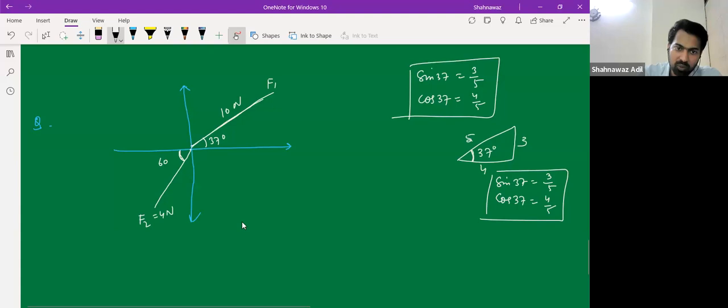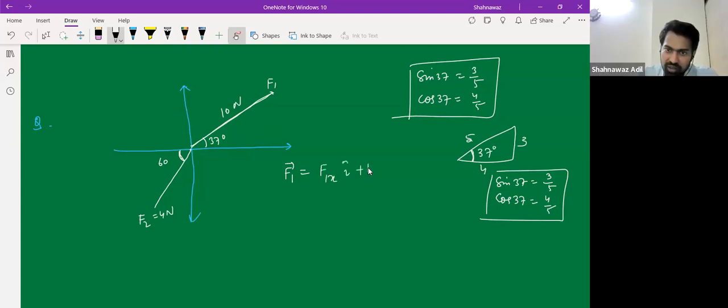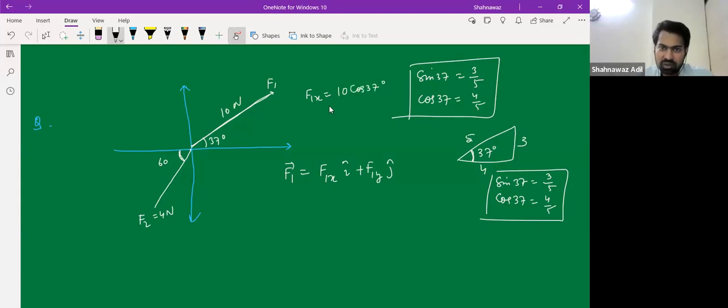This f1, what is f1 vector? This would be f1x i hat and f1y j hat. So what is f1x? That would be 10 Newton into cos 37. So 10 cos 37, so 10 into 4 by 5, so 8.